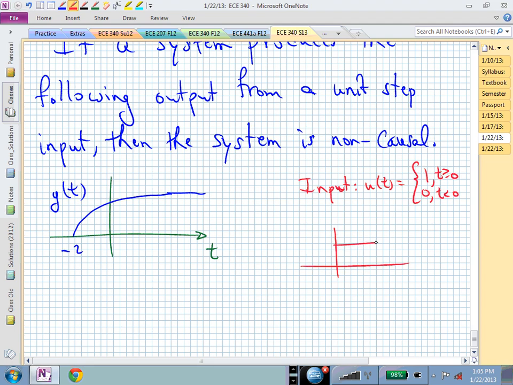So the input looks like this, and the output is anticipatory, isn't it? It starts before I even hit it.